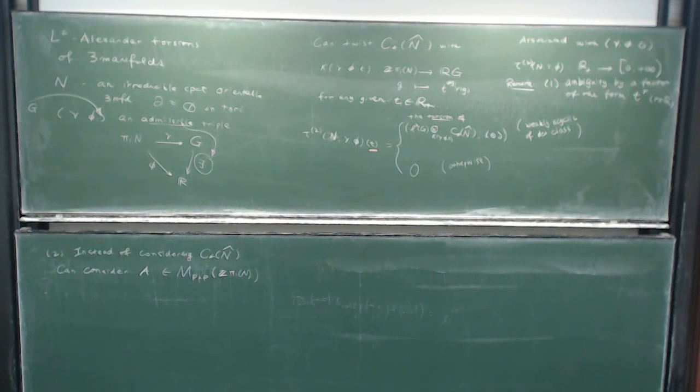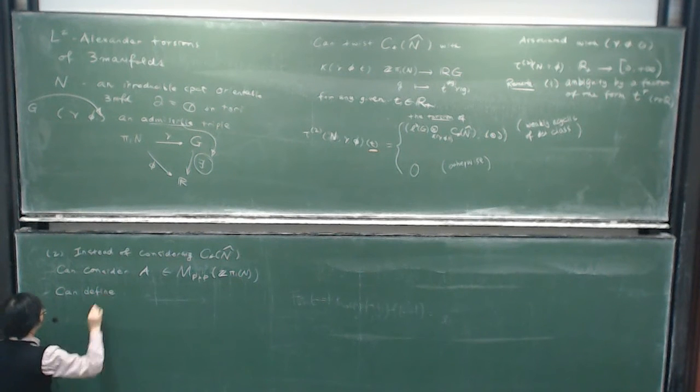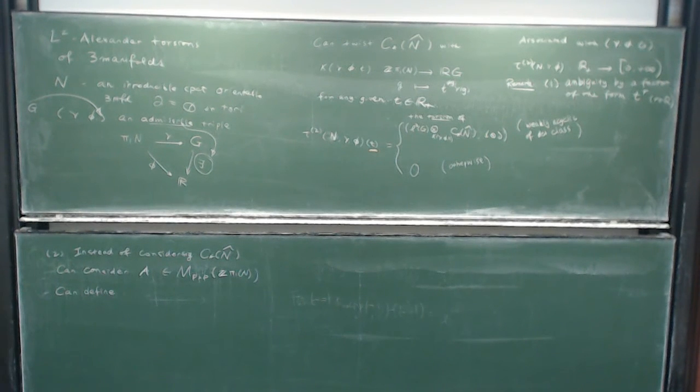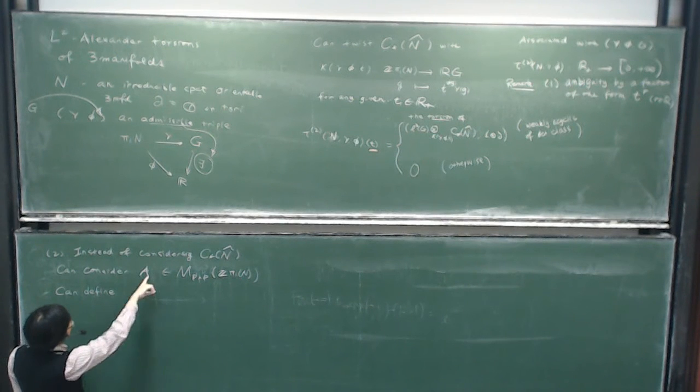When you have this setting, then we can define a closely related chain complex to this matrix.